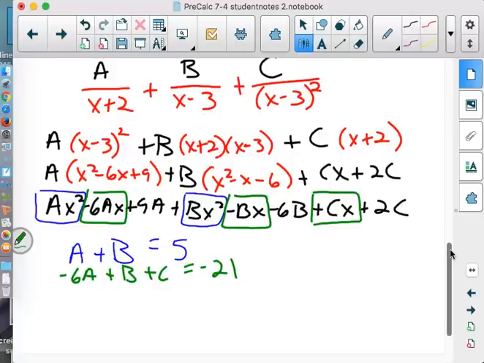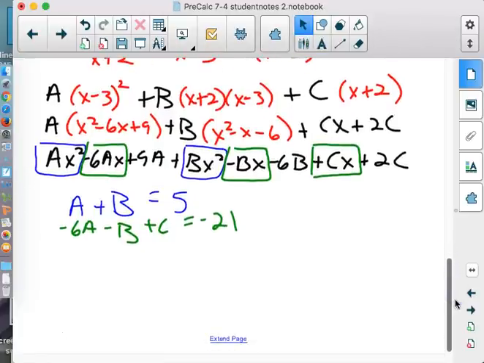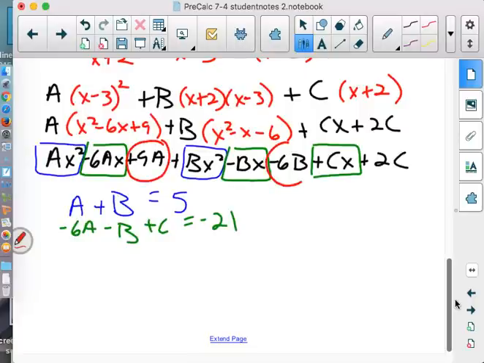Oh, thank you. Negative 6A minus Bx plus Cx. Yep, I was looking at the wrong one there. And finally, our little constants, which is what's left up here. All the little constants have to come out to 13.